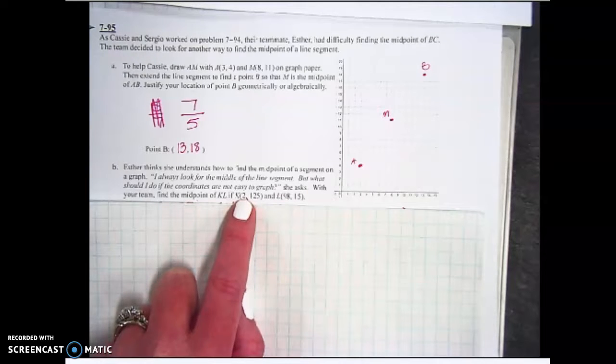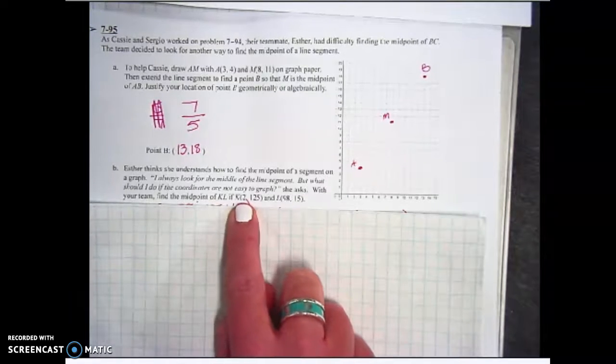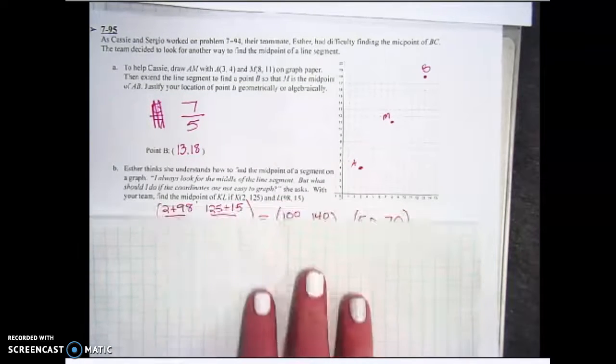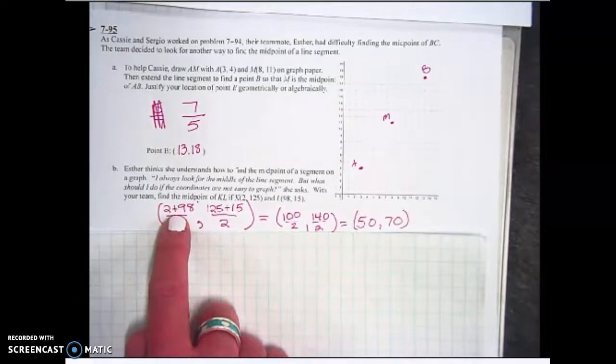We want the middle number, yes. Okay. Sort of. You actually want to find the average, the number that's in the middle, right? So you're going to take the 2 and the 98, and you're going to add them together.